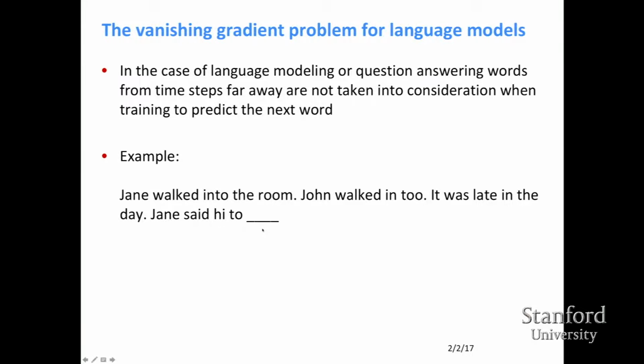But if each of these words had a word vector, you pipe it into a hidden state, and you want the model to pick up the pattern that if somebody met somebody else, and then they said hi to, the next thing is a name, you want to put a very high probability on it. But you can't get your model to send that error signal way back over here to modify the hidden state in a way that would allow you to give John a high probability. And really, this is a large problem in any kind of time sequence.